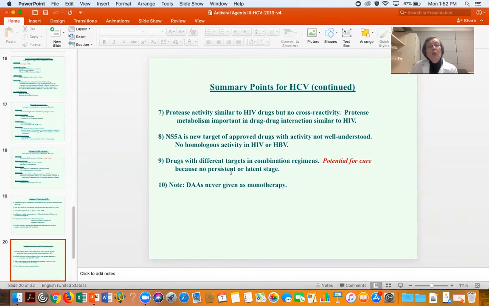And that's because there's no persistent or latent stage. Note also that the DAAs are never given as monotherapies. And that's because of the potential for resistance with an RNA virus. But it's also helpful in the fact that we have the luxury of multiple drug classes, which will keep down resistance.